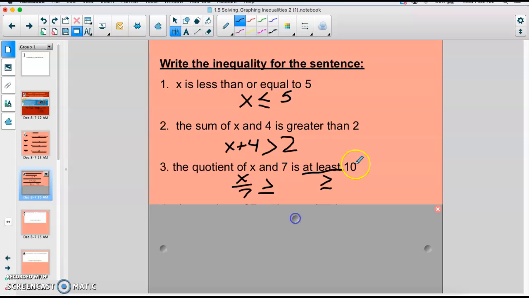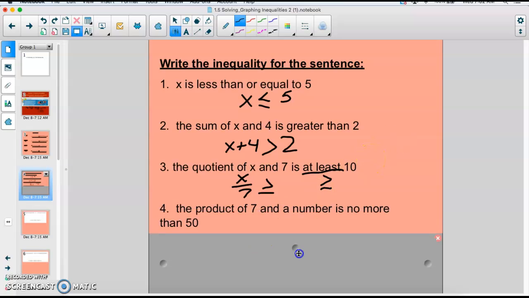So then vice versa. The product of 7 and a number is no more than 50. Product means multiply. 7 and a number, we multiply them together, is no more than 50. So 50 goes on this side.